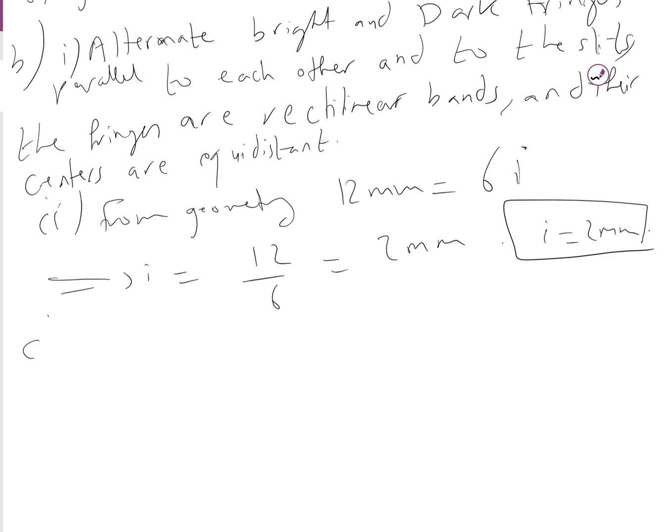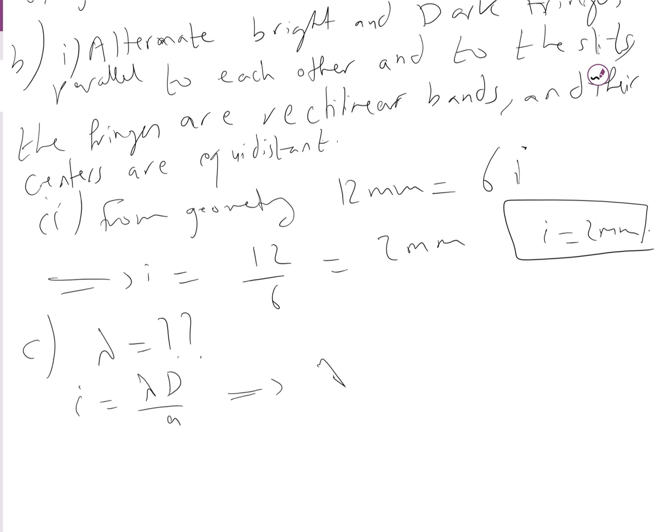Part C, deduce the wavelength lambda. In the course, we said that I equals lambda D over a. We determined I in part B2.